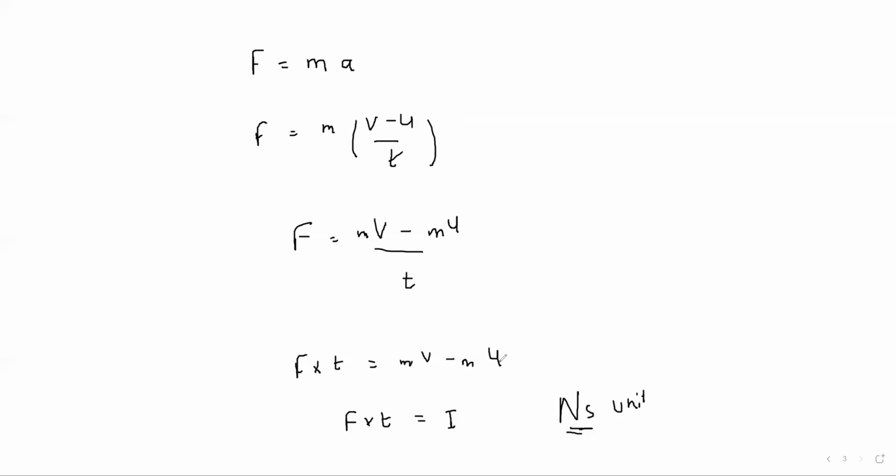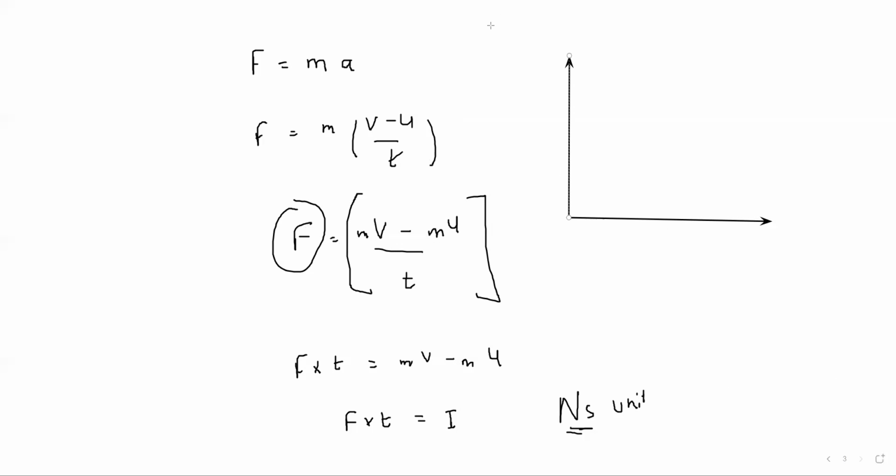And the rate of change in momentum is equal to the resultant force. So if we have a graph between force and time, it can be a linear graph or a non-linear graph. Either way, the area under the graph is the product of the quantity on the x-axis multiplied by the y-axis quantity.